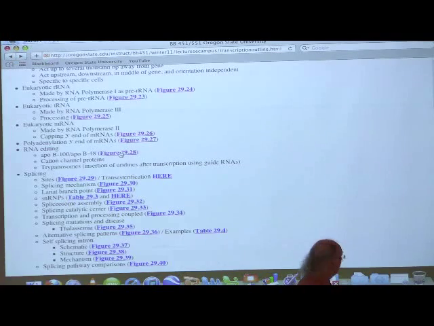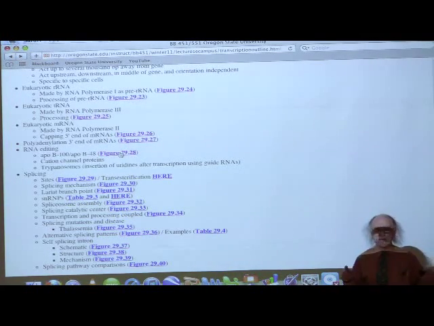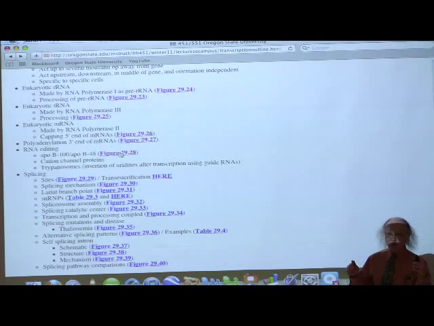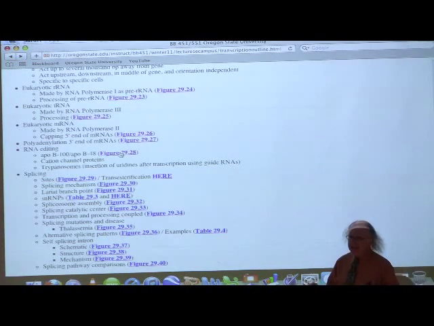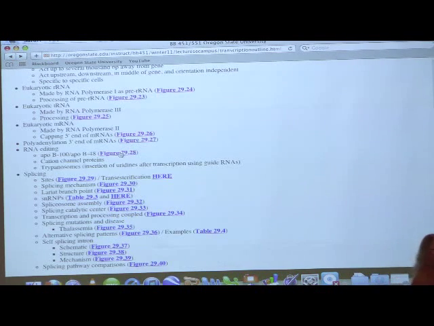And then, after the messenger RNA has been made, they will insert U's at various places in that sequence. They're physically inserting, not replacing, not changing, but physically inserting U's into that messenger RNA that was made. That insertion of those U's is critical, because if they don't get in there, the protein coding is all screwed up.